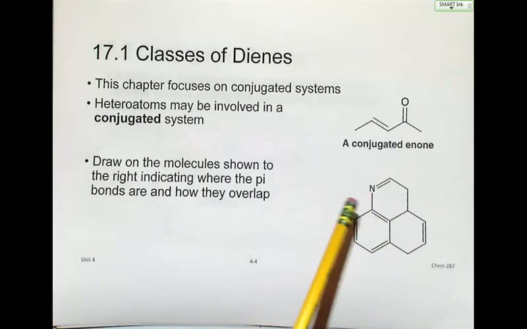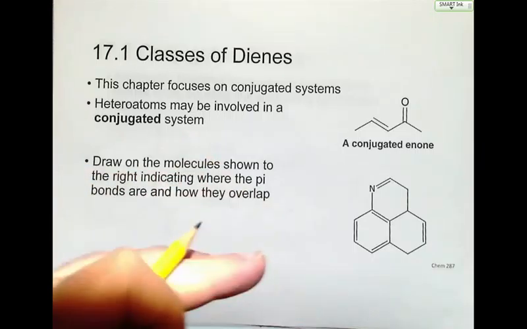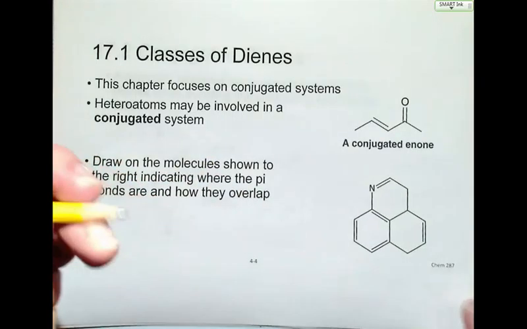Here are a few examples of molecules that have conjugated systems involving heteroatoms. So it doesn't have to be all carbon. We can have heteroatoms. But it requires that the heteroatom also allow the electrons to delocalize through it, just like a carbon atom would. So let's take a look at this.